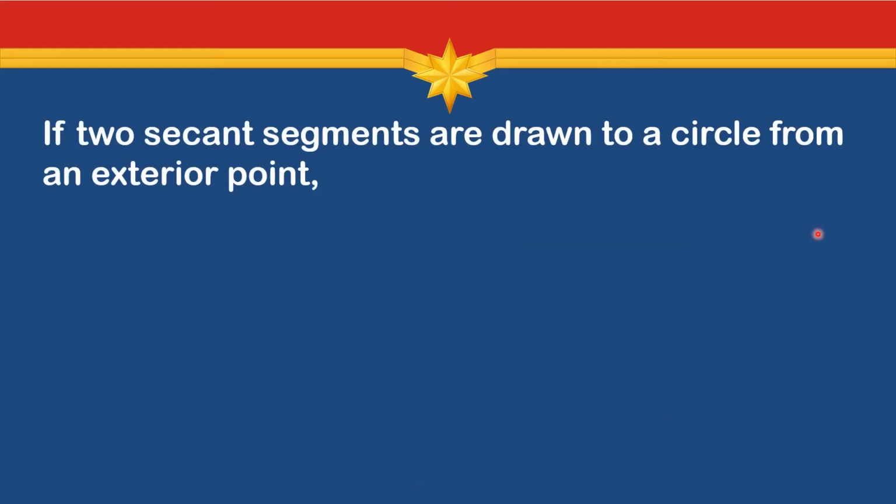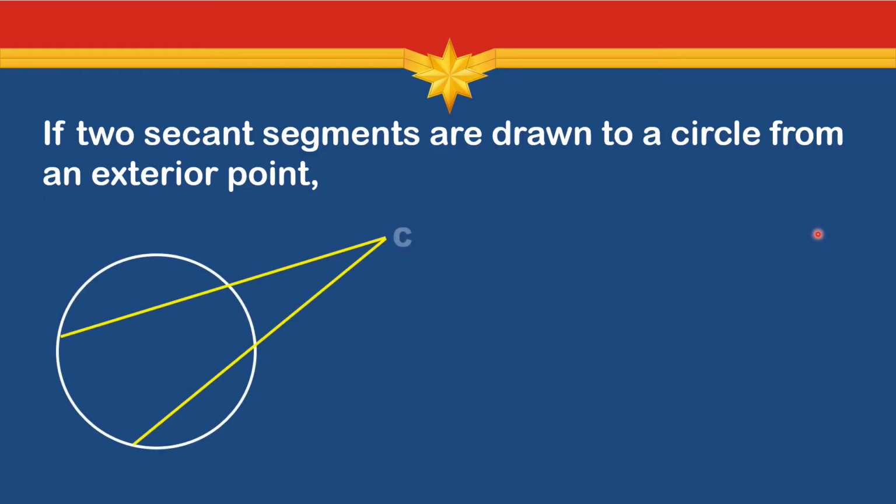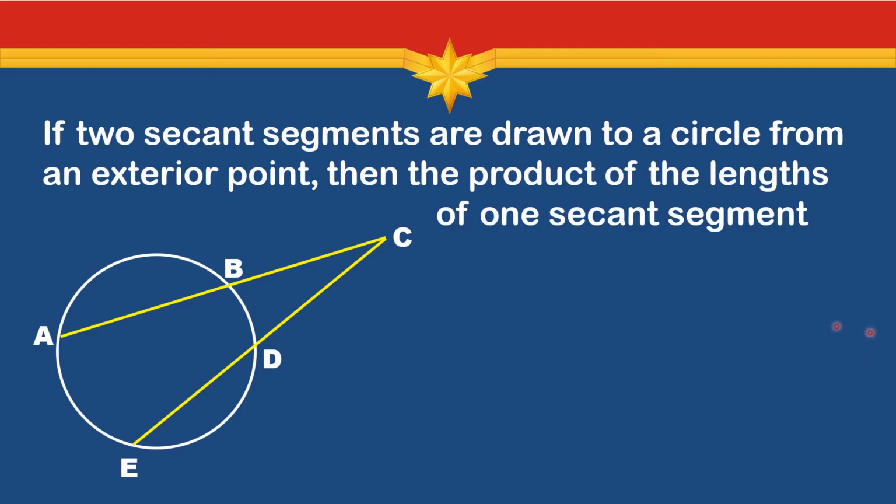If 2 secant segments are drawn to a circle from an exterior point, so in here we have a circle and 2 secant segments intersecting outside the circle at point C. Then, the product of the lengths of 1 secant segment, so we will be getting 1 secant segment here. So we have segment AC.